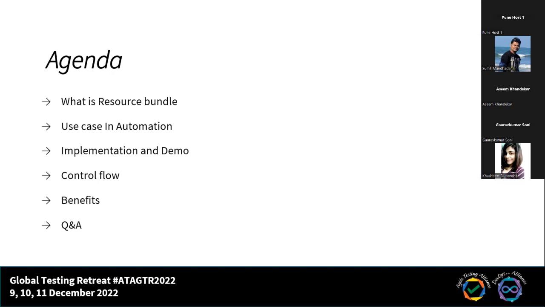Then we will figure out the snapshot of the control once the implementation is done, which area is affected, and how the data is flowing from input to output. Then we'll see the benefits we can have from having the resource bundle implemented, other than the traditional approaches. And lastly, we'll follow with some question answers if you have any questions.